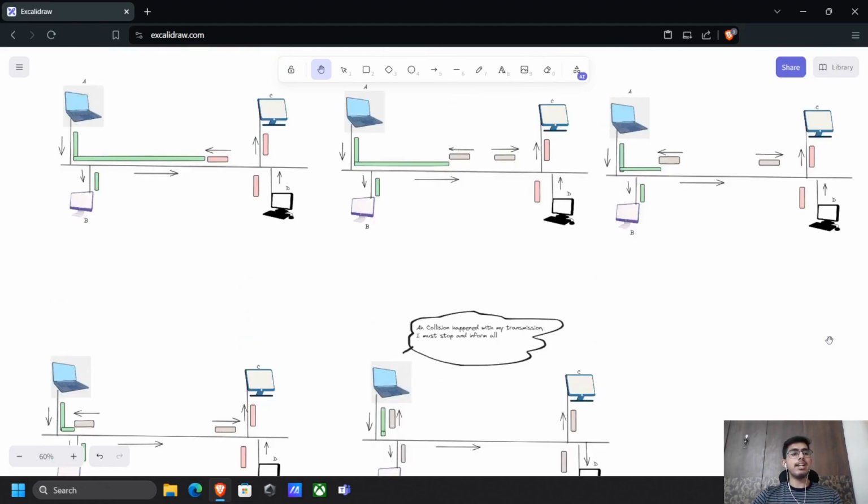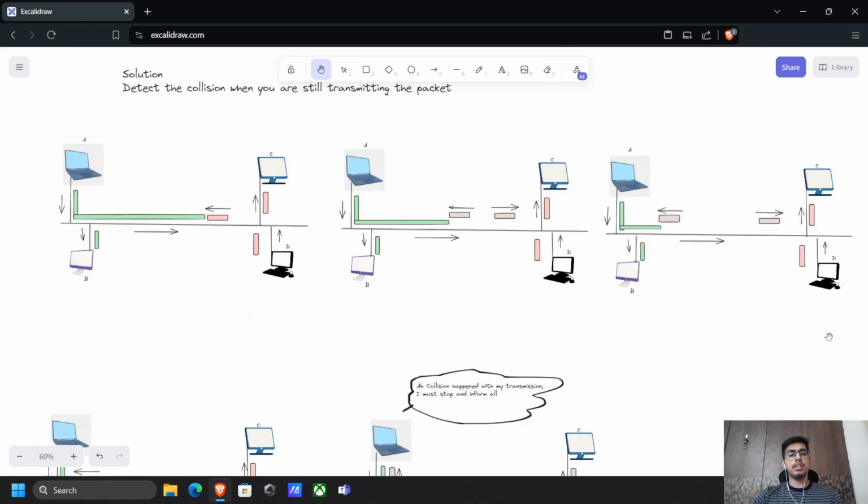Now, the reason the frame size has to be at least 64 bytes is that with a frame size of 64 bytes or more, while A is still transmitting, even if a collision happens at the far end of the channel, the collided packet can make it to A while A is still transmitting, right? And this way A can detect the collision efficiently and take actions appropriately.